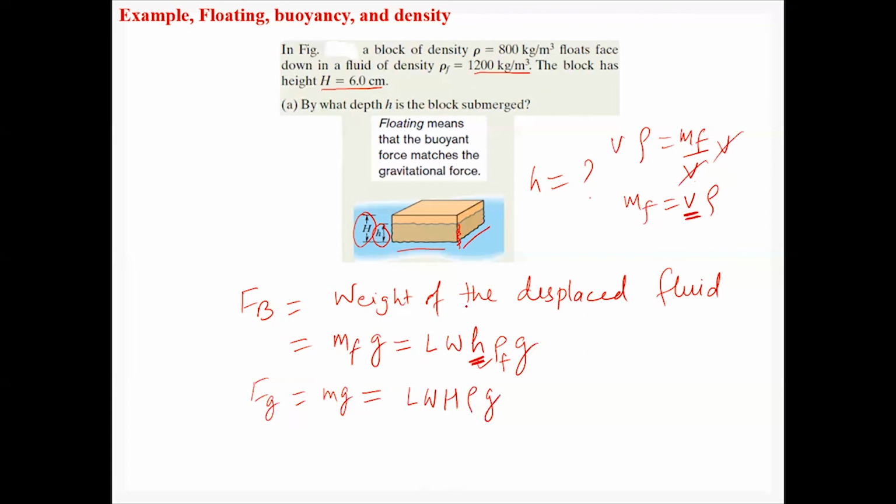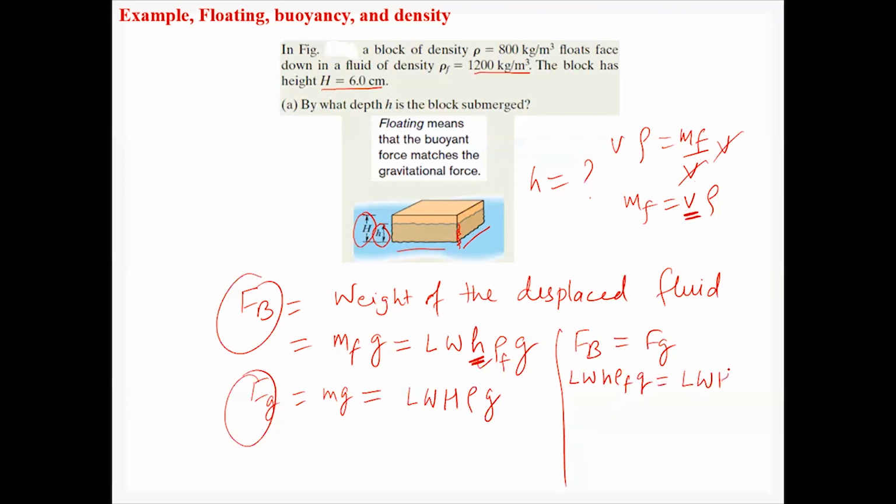Since this guy is floating, the net force is 0, meaning there is no vertical motion, meaning these two forces are equal and opposite, right? Fb equals Fg. It means L W little h rho f g equals L W big H rho g.